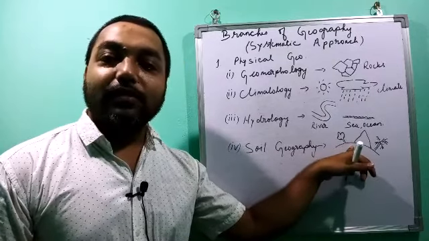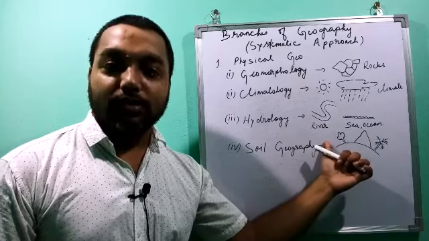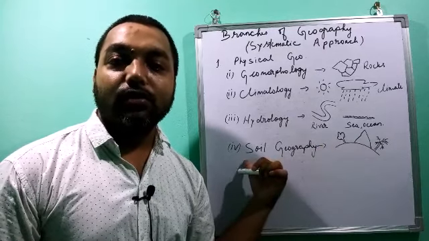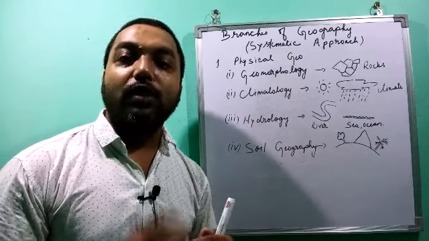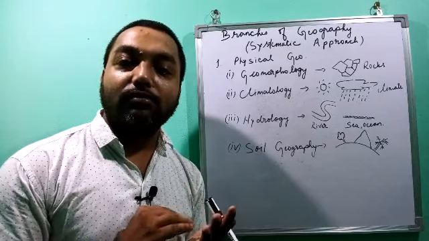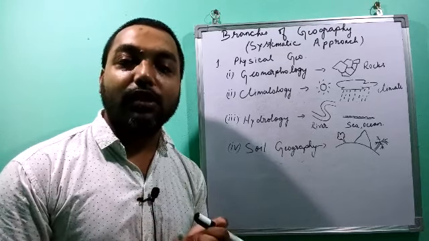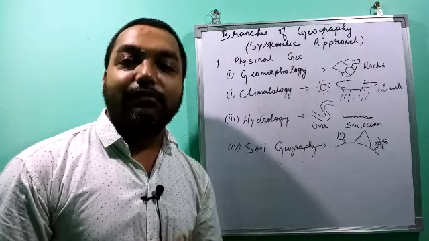Studying the top layer of the soil is also the work of geography. In soil geography, we study different kinds of soil, where each kind is found, and in what kind of environment each kind of soil is formed. So these are the subdivisions of physical geography.